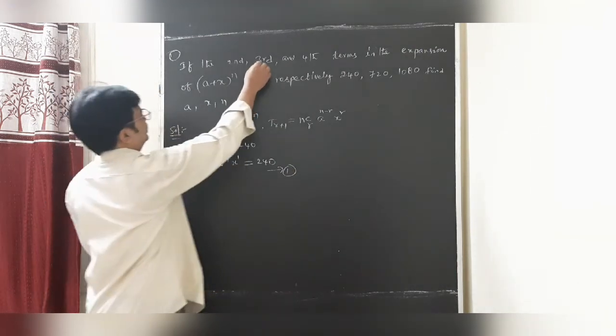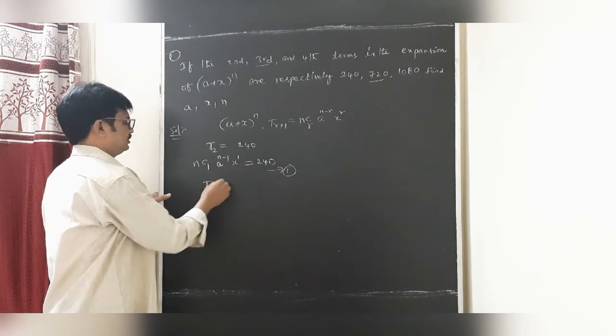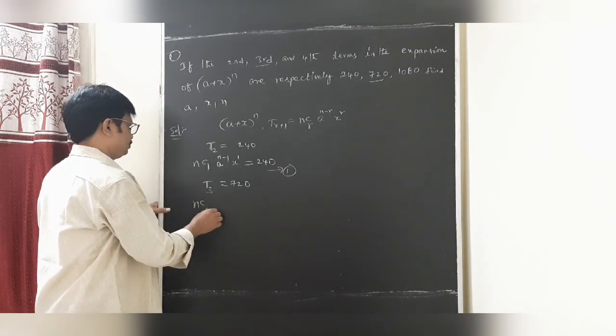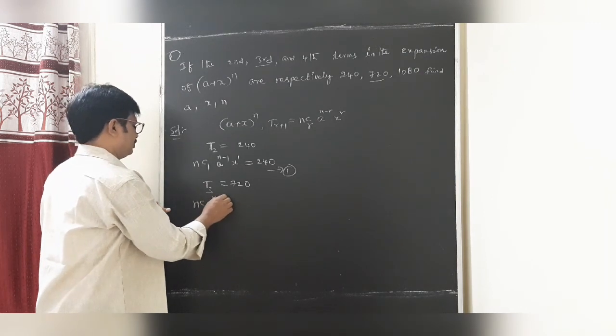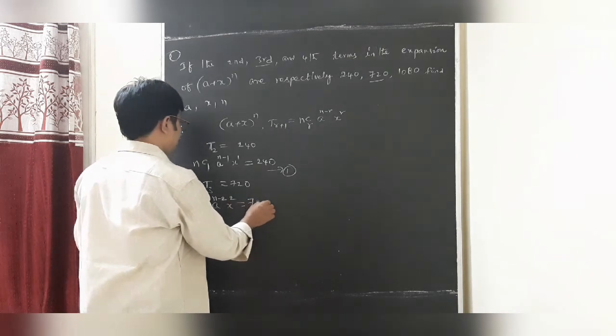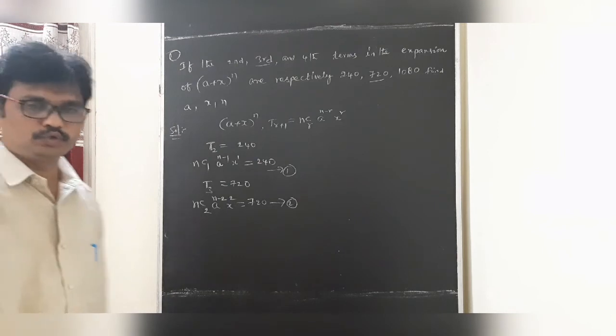Now students, the third term is given as 720. T3 is 720. Now this is nC2 a^(n-2) x^2 equal to 720. That will be equation 2.